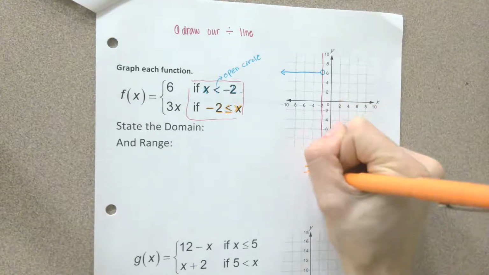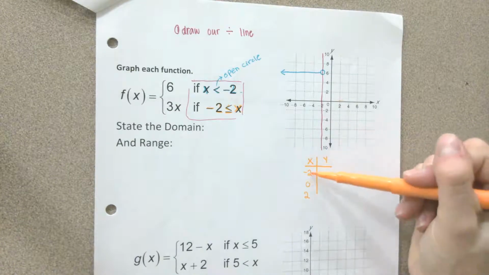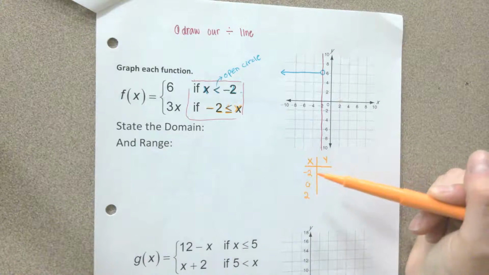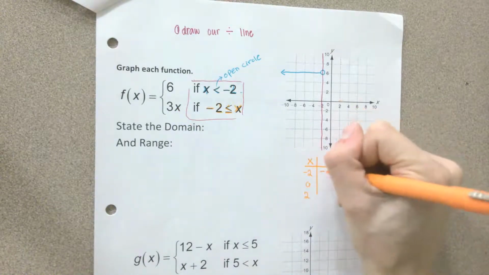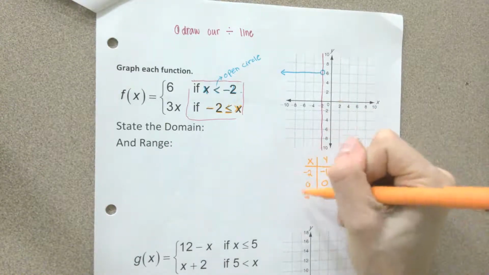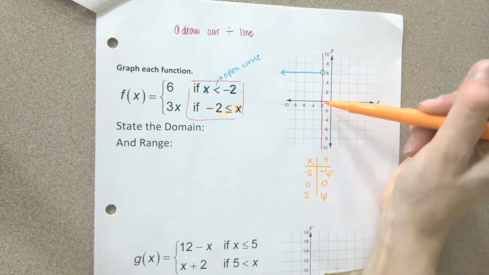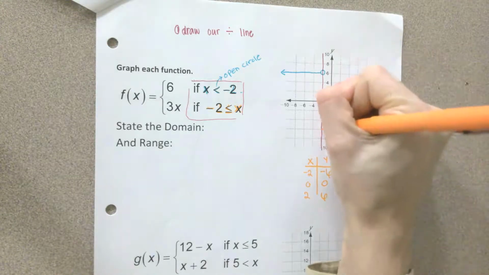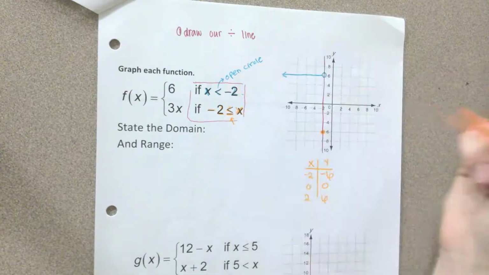So I'm going to use -2, 0, and 2, and we're going to go ahead and plug each of those values in for x here to get our corresponding y value. So -2 times 3 is -6. 0 times 3 is 0, and 2 times 3 is 6. So I'm going to start at x equals -2, y equals -6. We have a closed circle here because this is equal to.